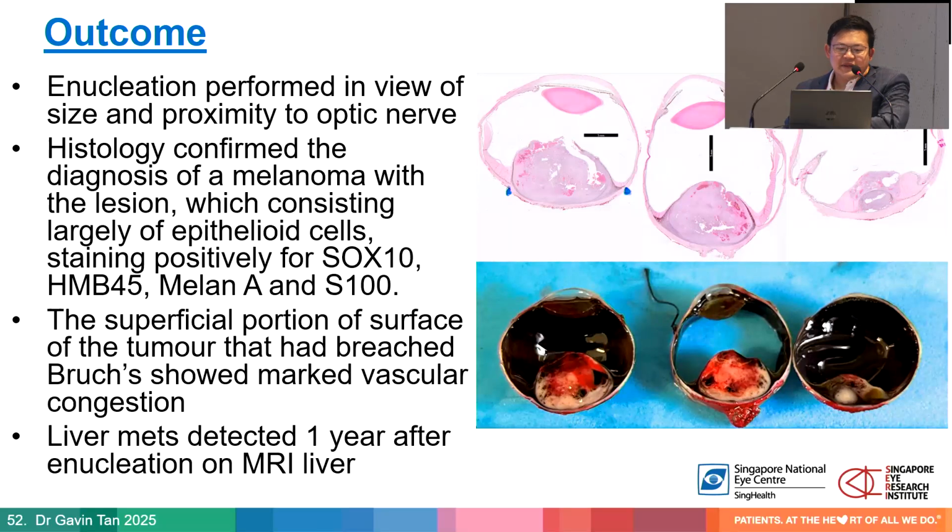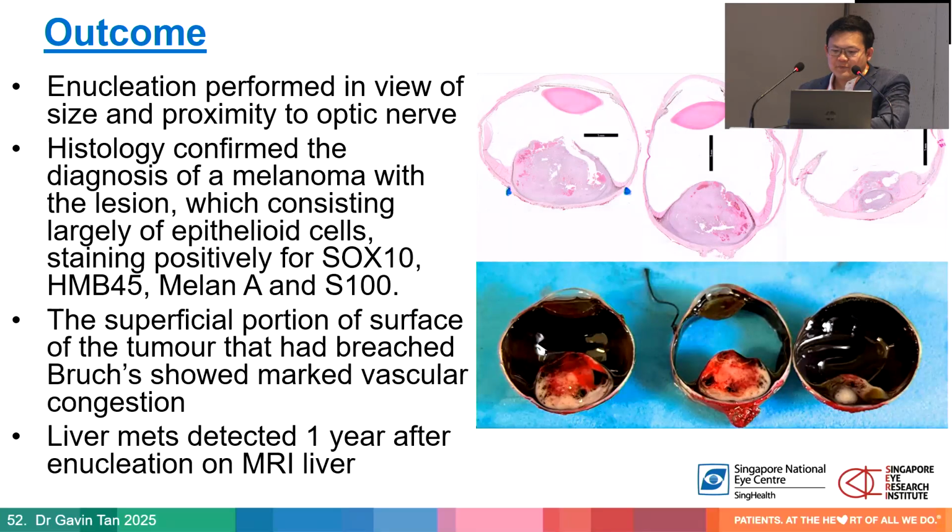On the full histopathology, the superficial pale vascular area was a portion of the tumor that had breached Bruch's membrane, with a lot of vascular congestion and necrosis, which is why it gave us that very atypical appearance. That vascularity seemed to trick us into thinking it might be a vascular lesion rather than a solid tumor. Unfortunately for the patient, liver mets were detected 1 year after enucleation on his regular MRI liver follow-up.